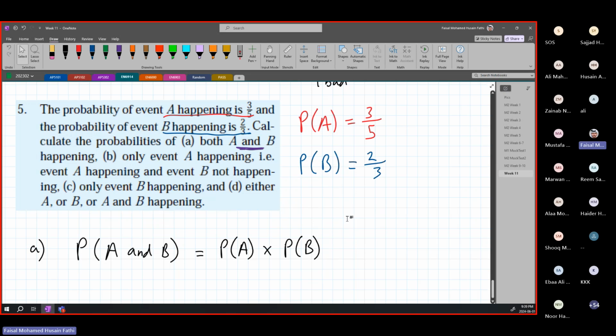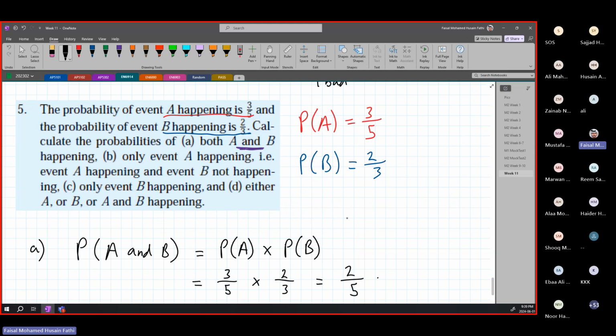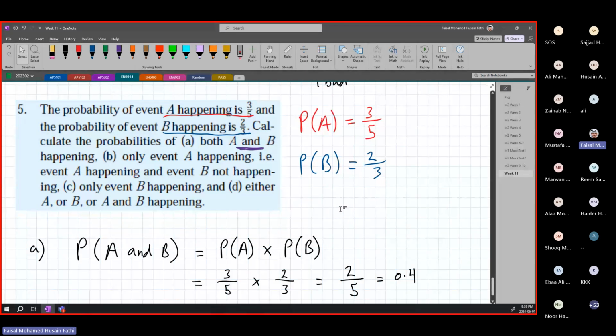Therefore, all you have to do now is just plug in the numbers. 3 over 5 times 2 over 3. And the probability is going to be 2 over 5 or 0.4 or 40% chance of happening. And this is how you solve for part A.